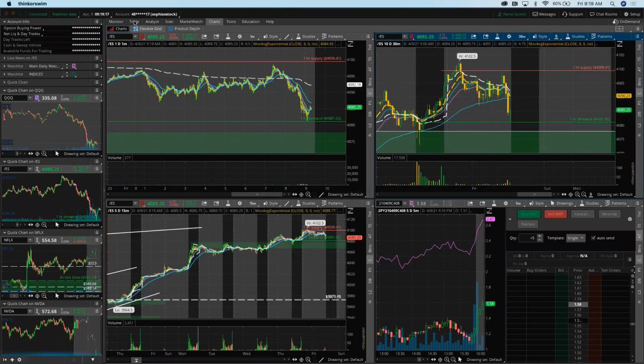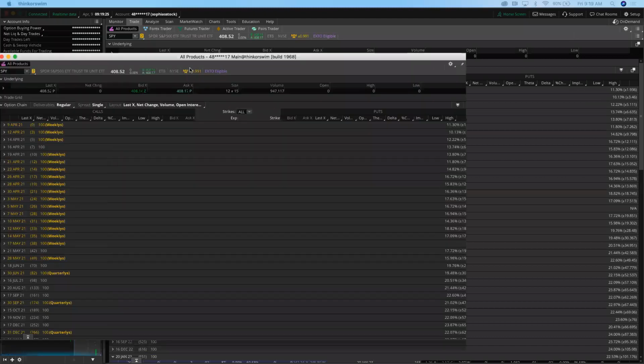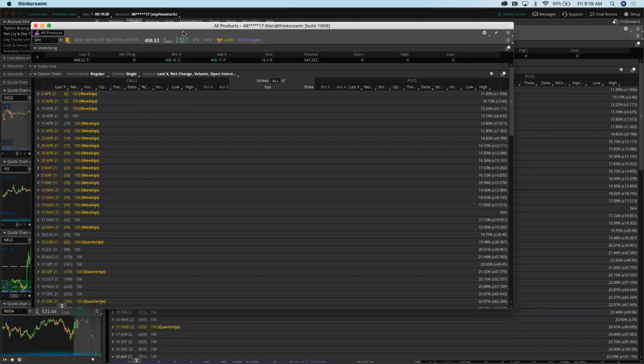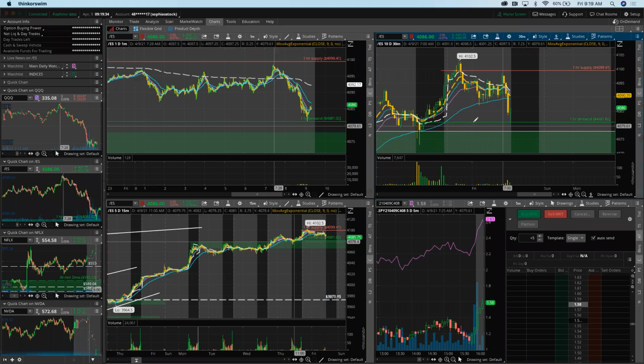What I usually do, I'll go to trade, I'll click here and I will detach this screen. After I detach it, I'm able to move it back and forth. So this is on my second screen, so you guys know. That's another copy, so that way I never have to stop looking at the chart.